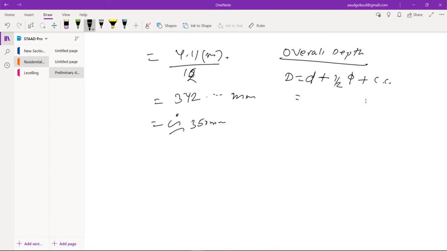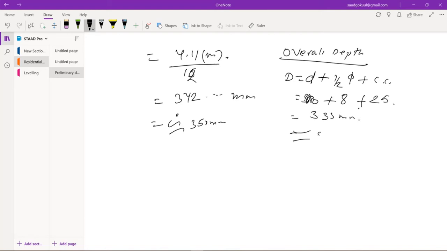So let us take effective depth d as 300 mm and half of the rebar. Let us assume we will be using rebar of 16 mm. So 16 by 2 is 8 mm, plus the clear cover for a beam, which is generally 25 mm. So 300 plus 25 is 325, plus 8 is 333 mm.